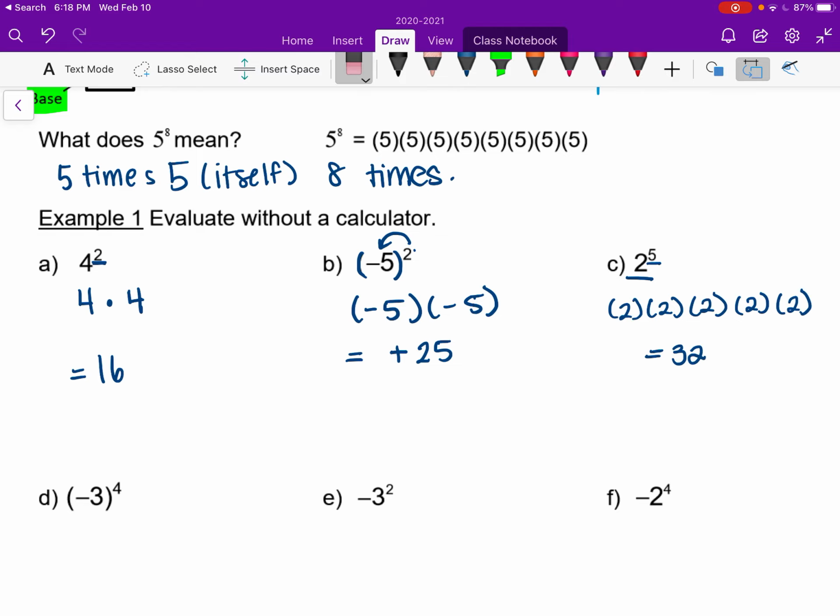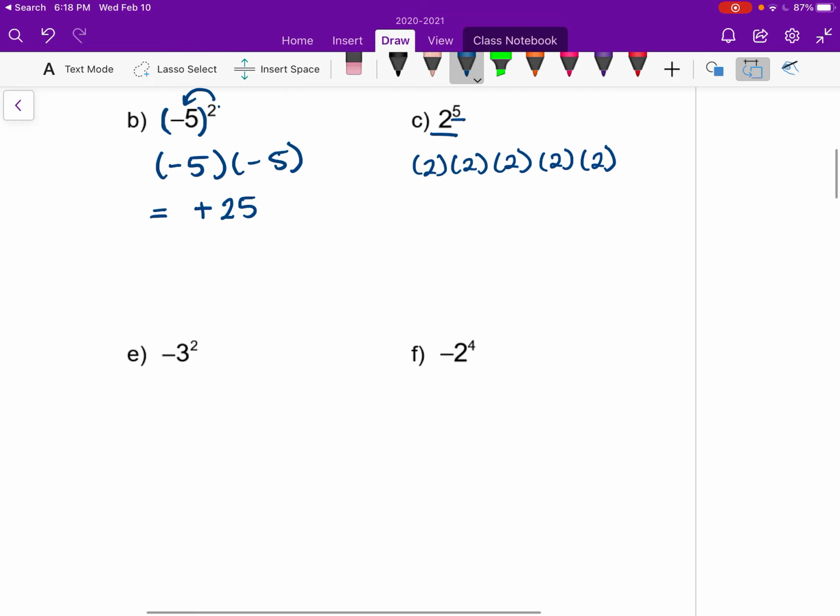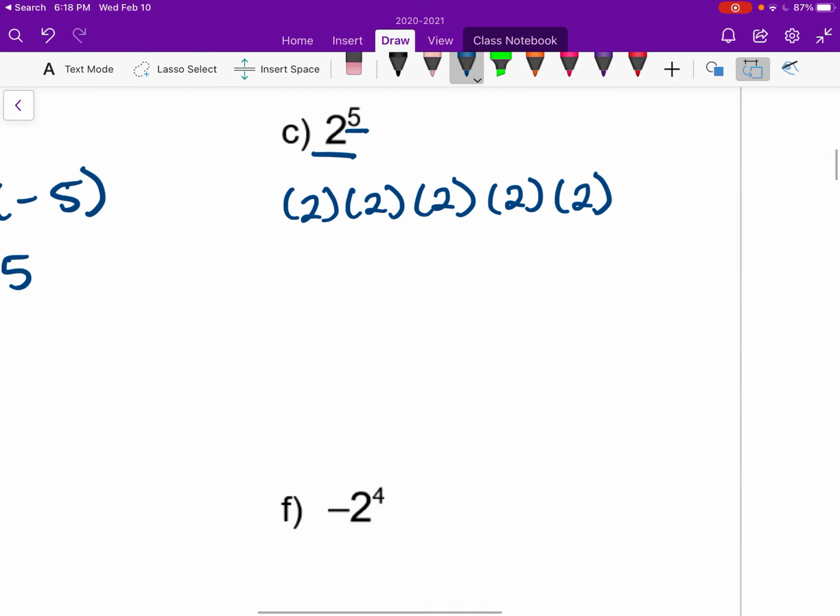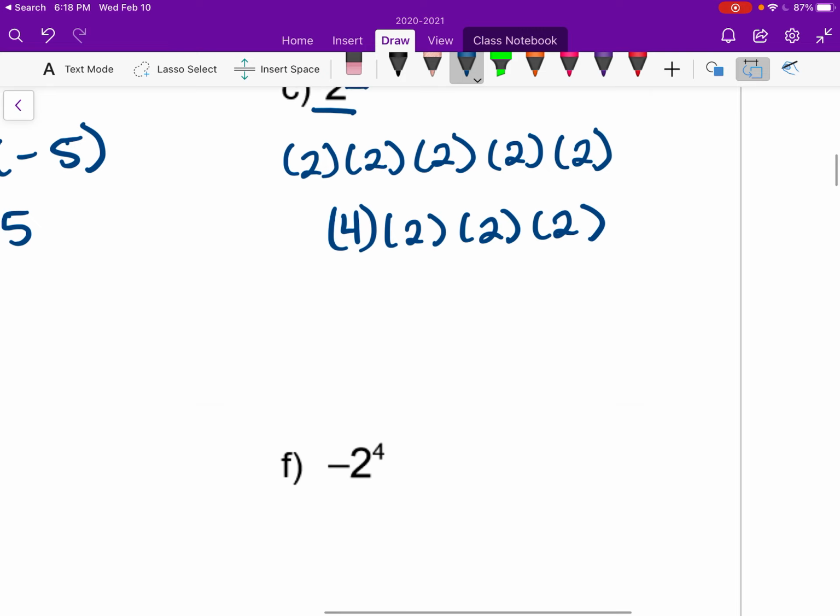Okay, so I'm just going to write that out for us so that we can know how to do this. You're always going to multiply the first two numbers together. 2 times 2 is 4. So I'm left with multiplied by 2 times 2 times 2. And you can't just go ahead and do 2 times 2 here. You need to do it in the order that it's in.